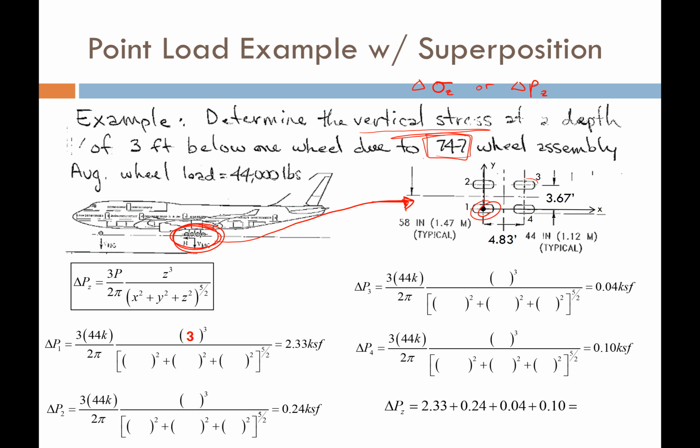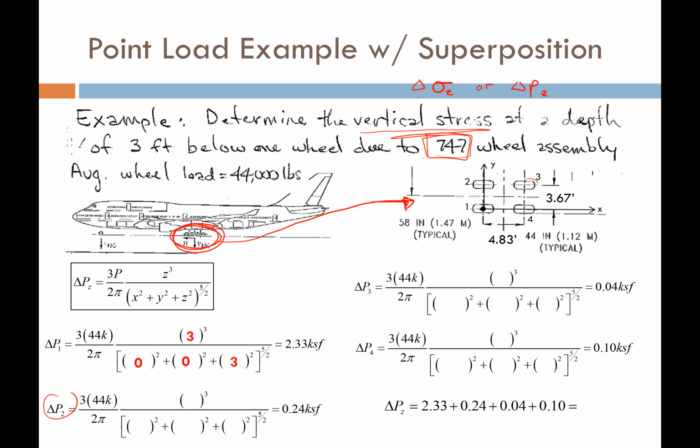Because we're at the origin beneath tire number 1, X is 0 and Y is 0. When I compute that, I get 2.33 kips per square foot.